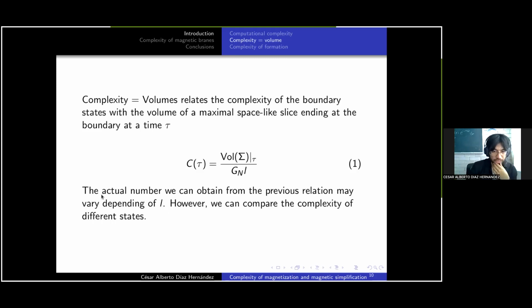So the actual number we can obtain from this relationship will differ depending on which length scale we choose. However, even if the complexity is not uniquely defined and everyone can have a different number for their complexity, we can compare these complexities of different states.